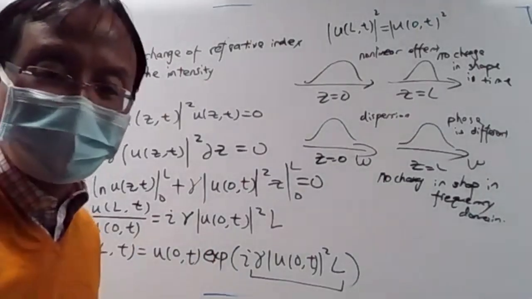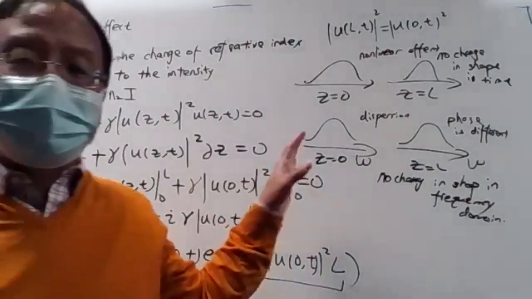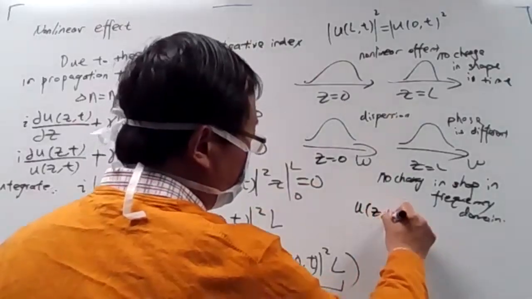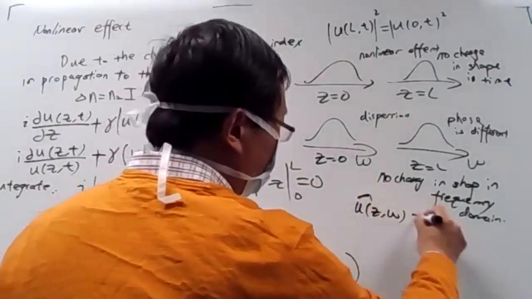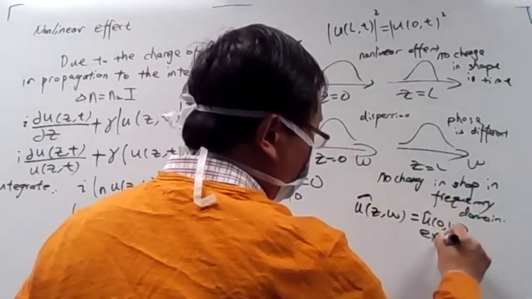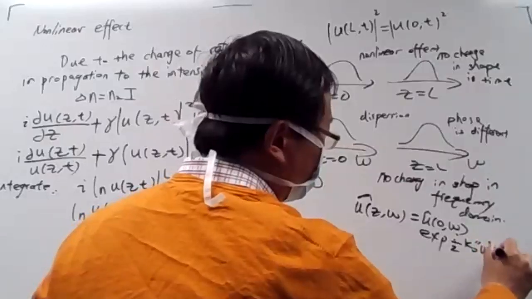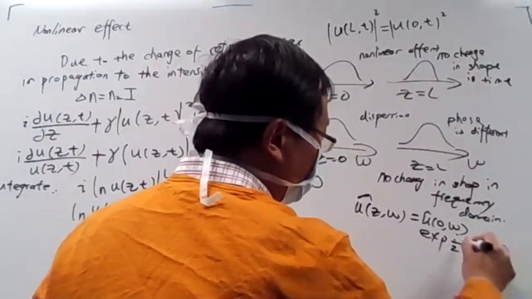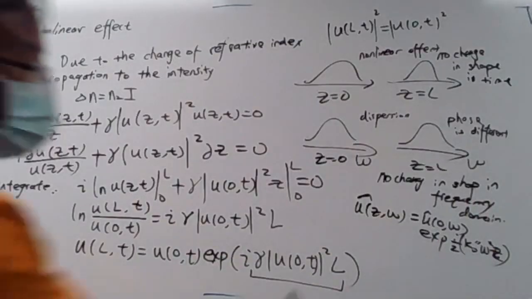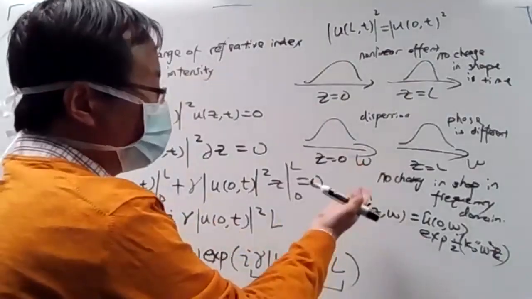Let me move this mouse away. In dispersion, as we learned, the equation is u(z, omega tilde) equal to u(0, omega tilde) times exponential i over 2 k naught double prime omega squared z. This piece is what we did in the frequency domain.